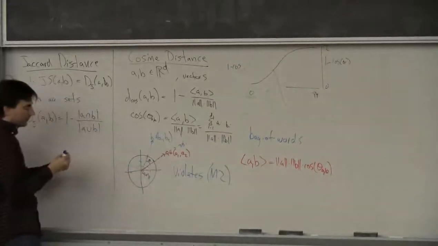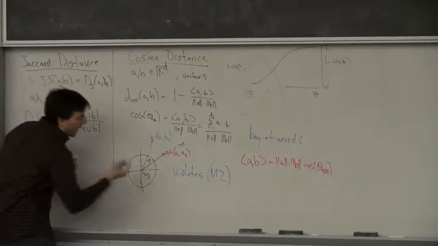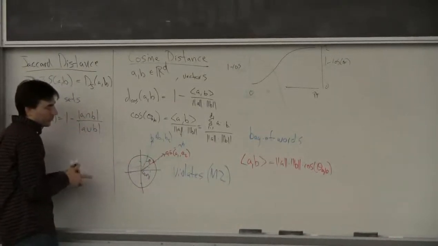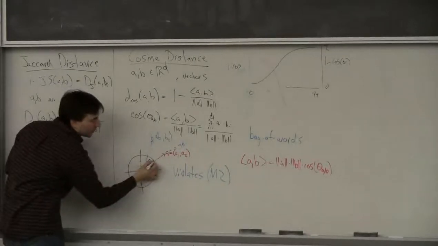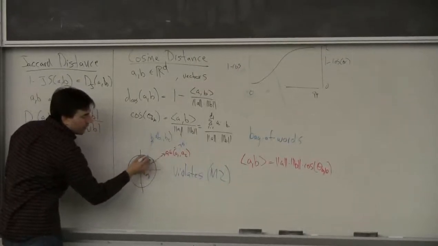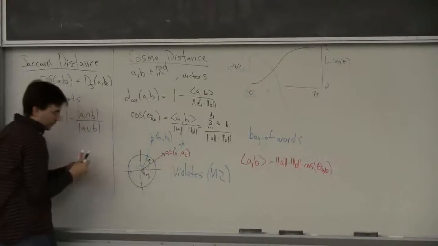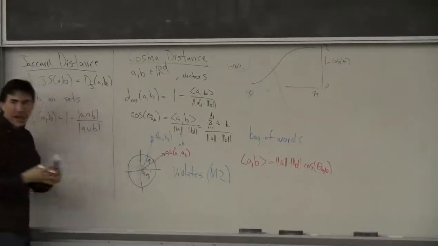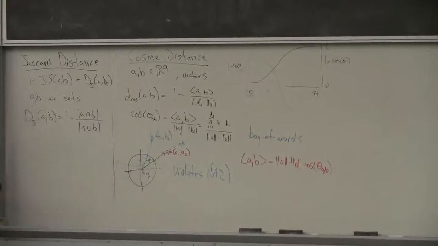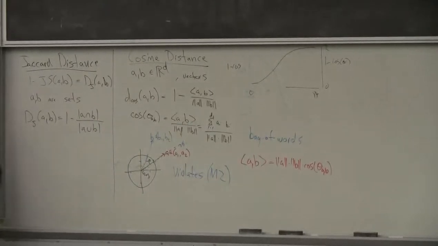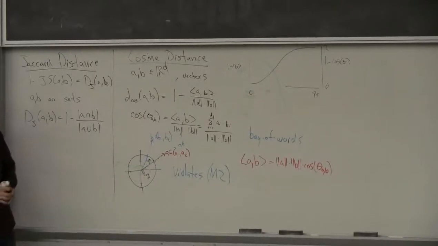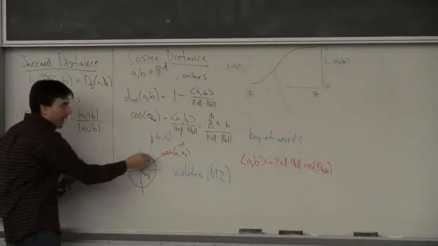So I'm moving A onto the unit sphere, B prime gets moved into the same spot, B gets moved here, and C is moved here. And this works in high dimensions. You can have a higher dimensional sphere. And then the cosine distance is modeling the length of the shortest path on the sphere.